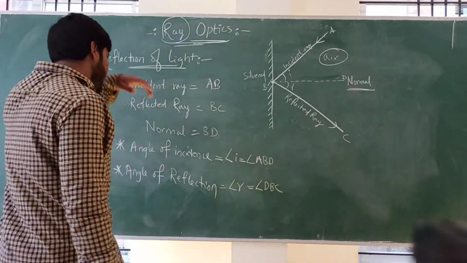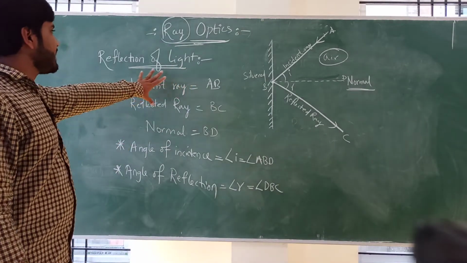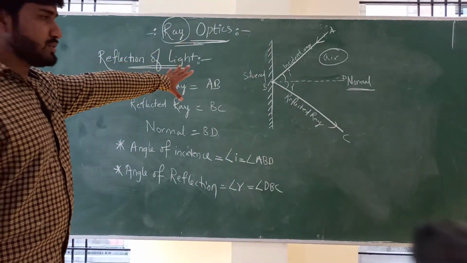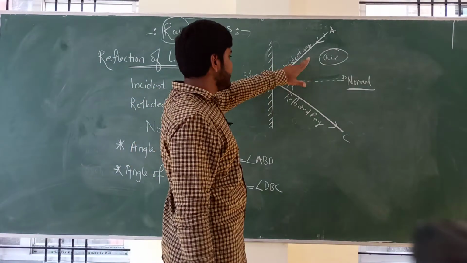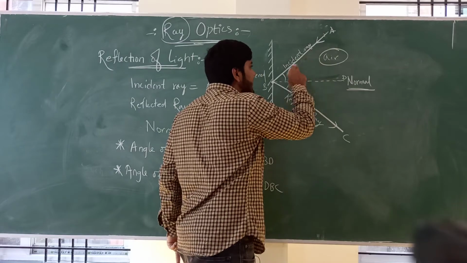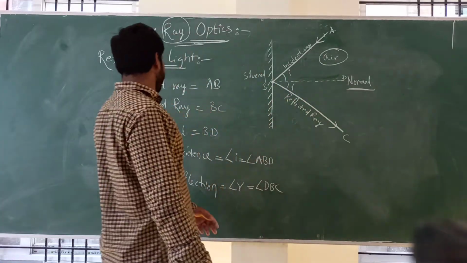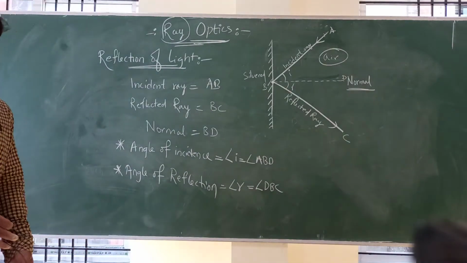Okay, you understood this? So this is the normal reflection. So you should know everything. This is incident ray, this is reflected ray, this is normal, this is angle of incidence, this is angle of reflection. Okay, so let's see the next thing.